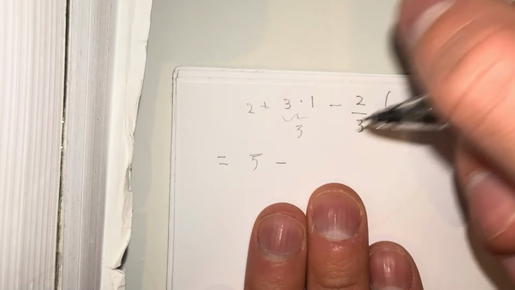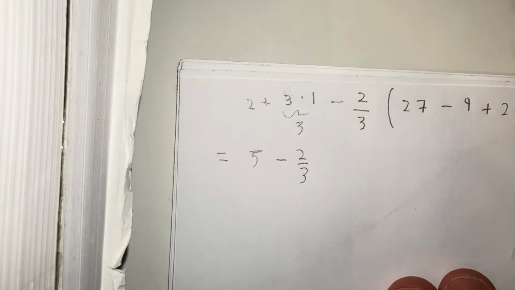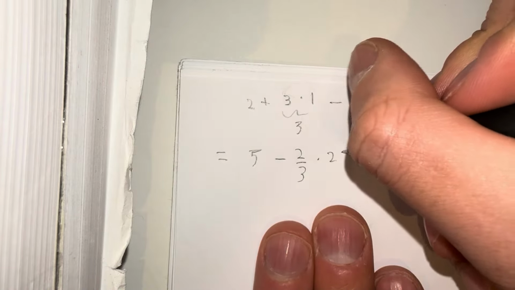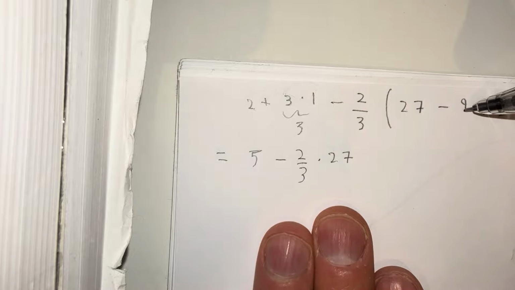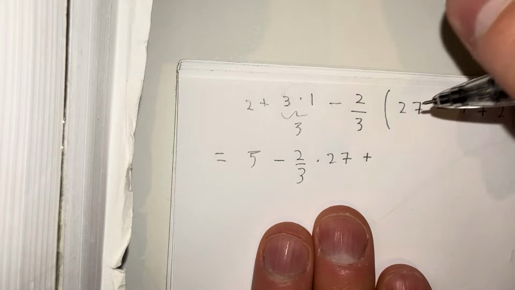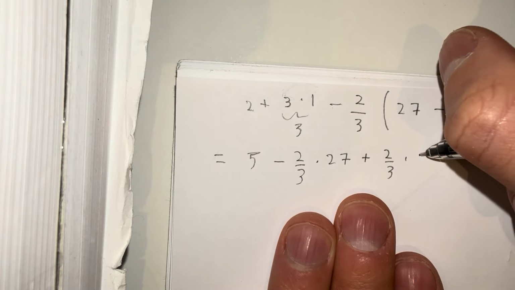Now we do negative 2/3. We'll open the parentheses now, so negative 2/3 times 27. Negative 2/3 times negative 9. Two negatives becomes plus 2/3 times 9.